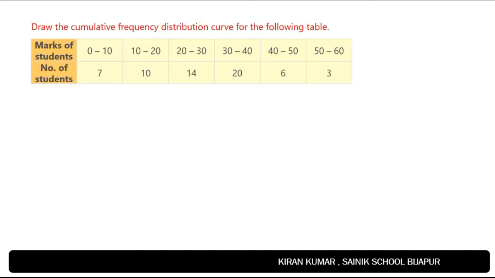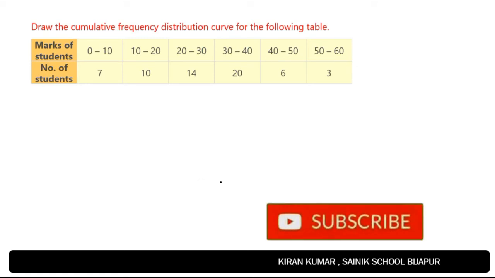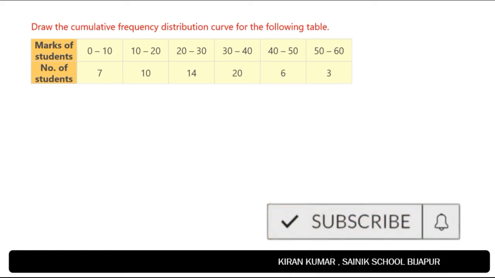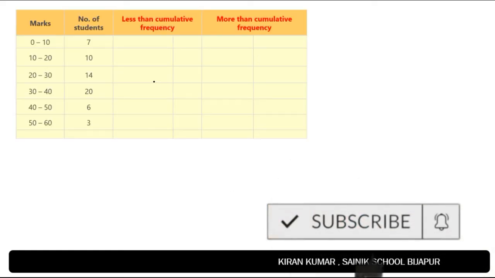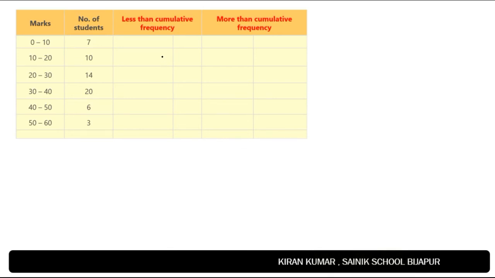Here is a table. To draw the cumulative frequency distribution curve, we need the less than and more than types. So let's first find out the less than cumulative frequency.